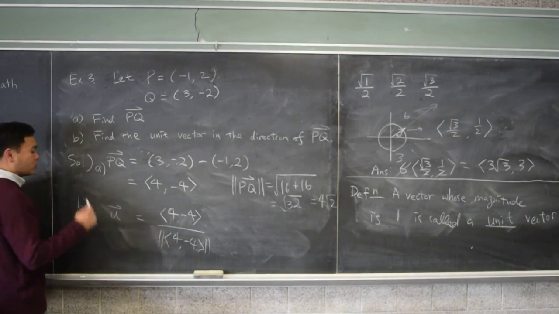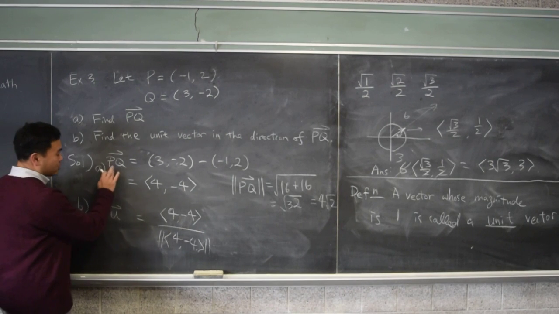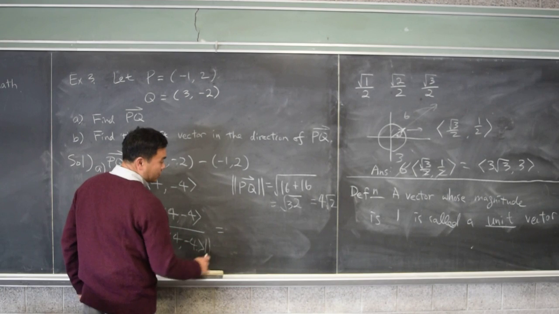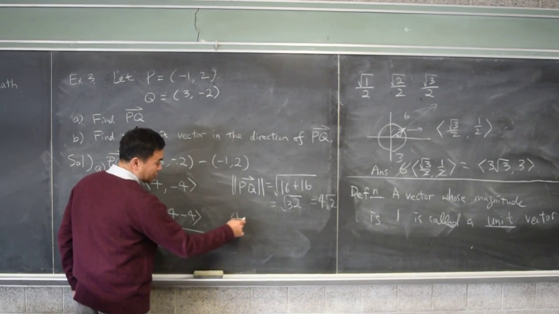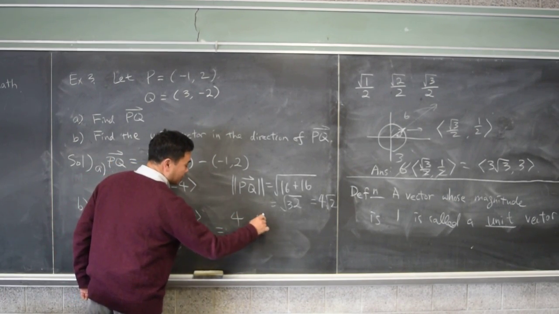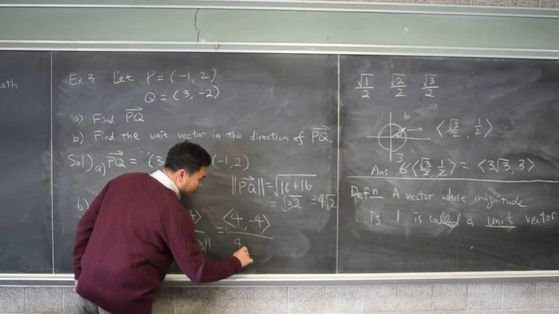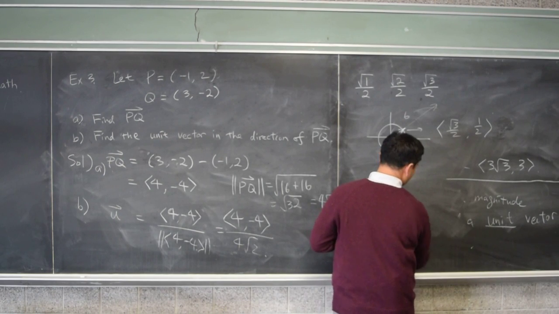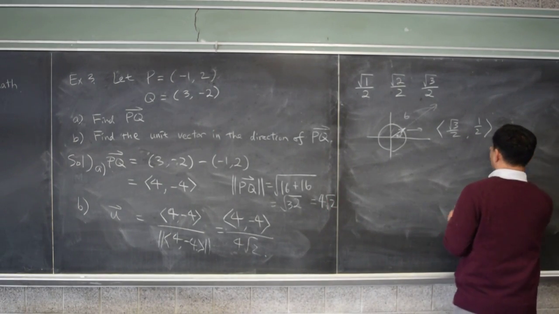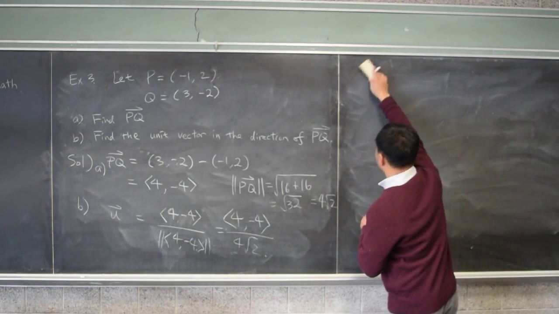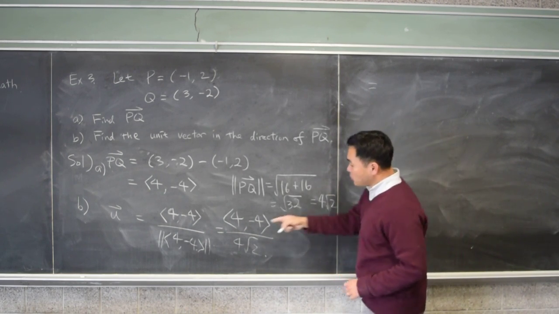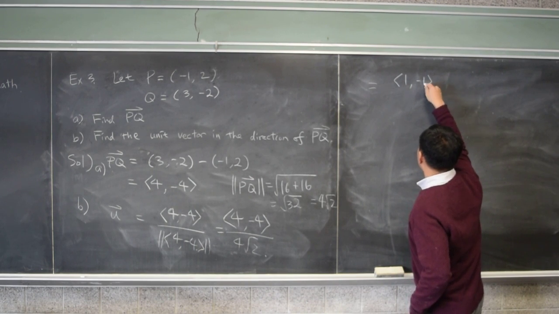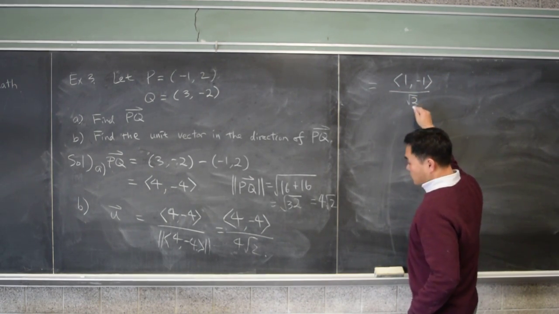Okay. So u, the unit vector in the direction of PQ, is this divided by its length, which we already computed here: (4, -4) divided by 4 radical 2. And then if you reduce 4 and 4, you get (1, -1) divided by square root of 2.